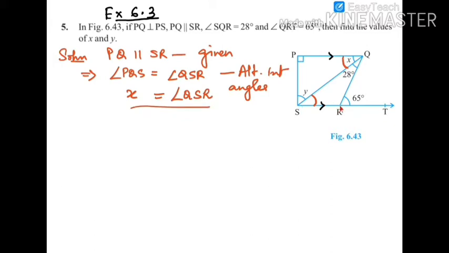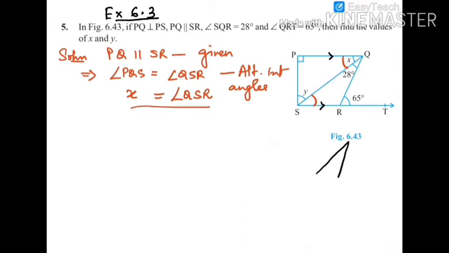Side SR of this triangle is extended to point T. So we get an exterior angle, angle QRT. So what are the two opposite interior angles to this exterior angle? Angle SQR and angle RSQ.